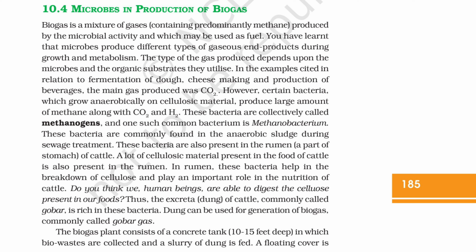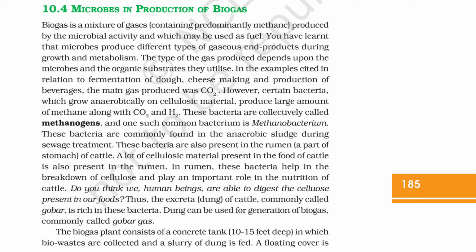In the examples cited in relation to fermentation of dough, cheese making and production of beverages, the main gas produced was CO2. However, certain bacteria, which grow anaerobically on cellulosic material, produce large amount of methane along with CO2 and H2.